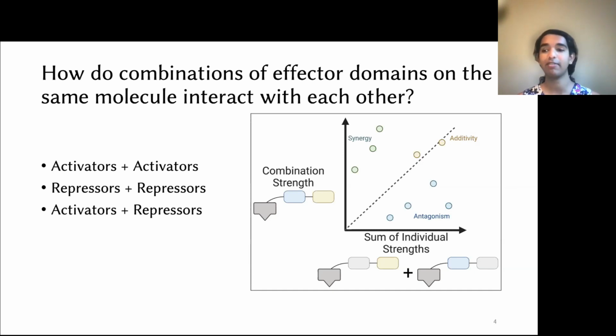You could also imagine an additive mode of interaction, where the strength of the combination is just a straightforward sum of the individual strengths, or antagonistic behavior, where each of the effector domains might work really well on their own, but if you put them together, all of a sudden the molecule isn't nearly as effective at activating or repressing gene expression. So we wanted to build a plot like this that comprised lots of pairs of effector domains and see if we couldn't get at rules of how effector domains work when you pair them up.